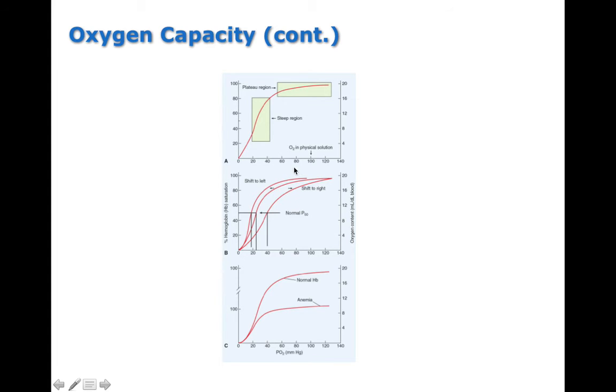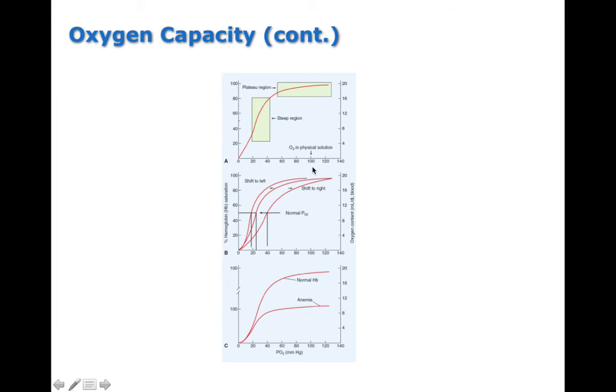So let's say if you have 80 millimeters of mercury of oxygen and you go up here and you see, okay, well, we find that at 80 millimeters of mercury, oxygen saturation is around 90% or so, right? So we're saying that of that 80 millimeters of mercury, the other 10% of that oxygen is actually not on hemoglobin, and rather it's going to be loose in the solution or available in solution, which means that tissues can actually use it, right?